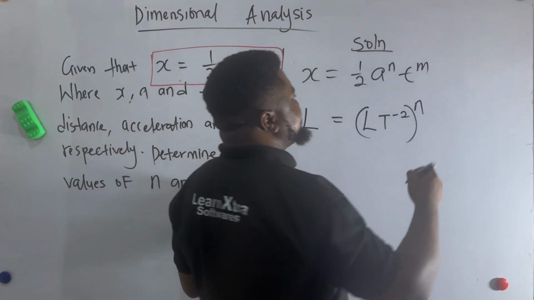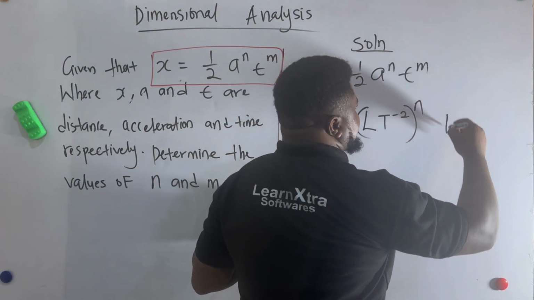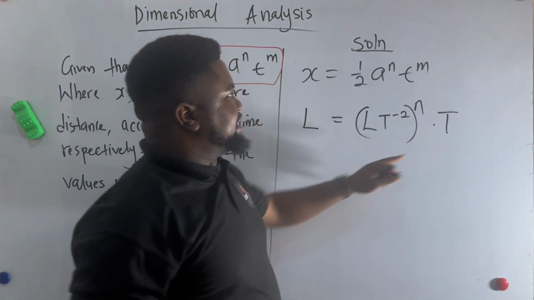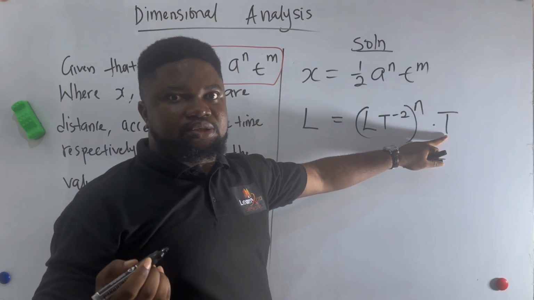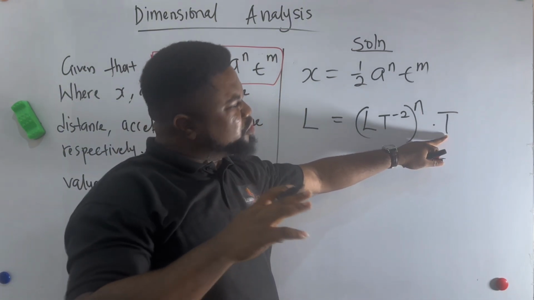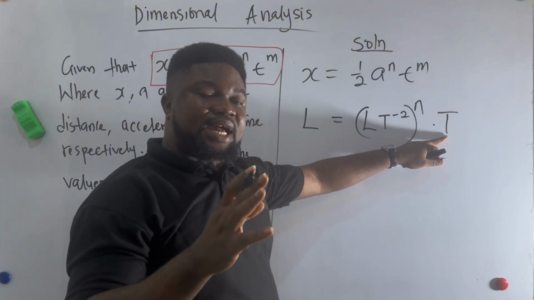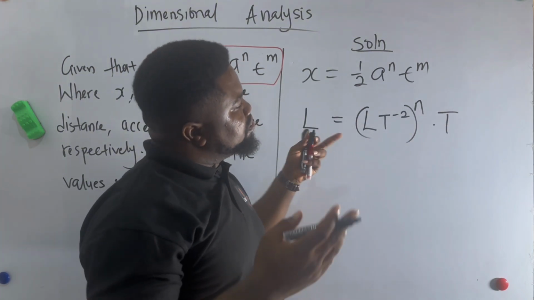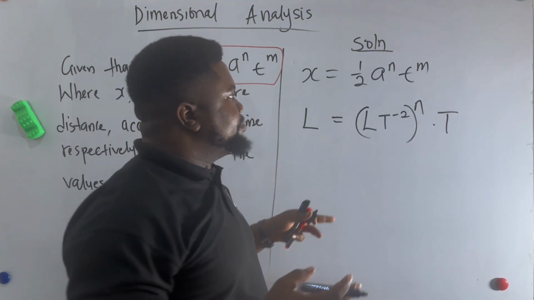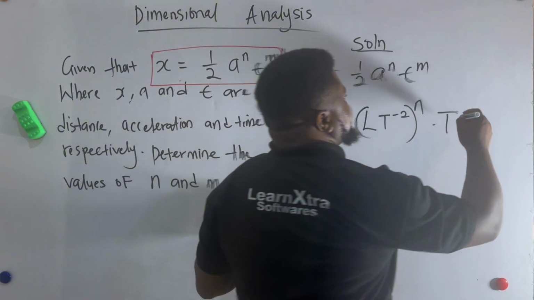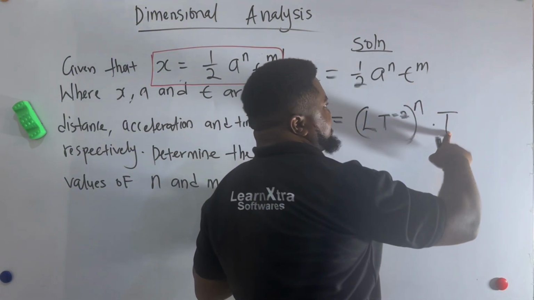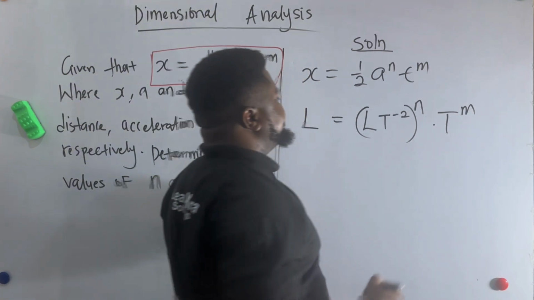T is time, and time is T. We don't need brackets here because it's just only T. But if you have something that's not only one letter, you have to include your bracket, that's parentheses. So we have here T power m.